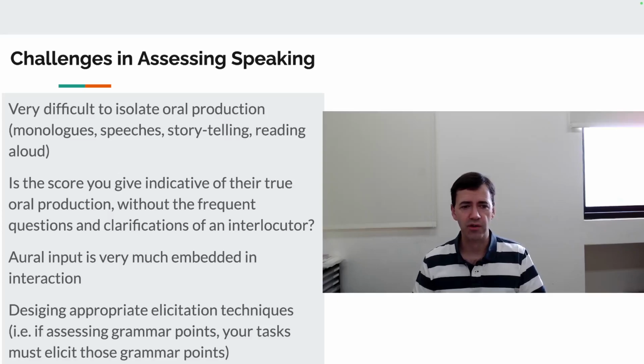The third point here is that oral input is very much embedded in interaction, which we talked about before. And the last one, designing appropriate elicitation techniques. So it's really hard to make an oral test that really tests what you want it to.